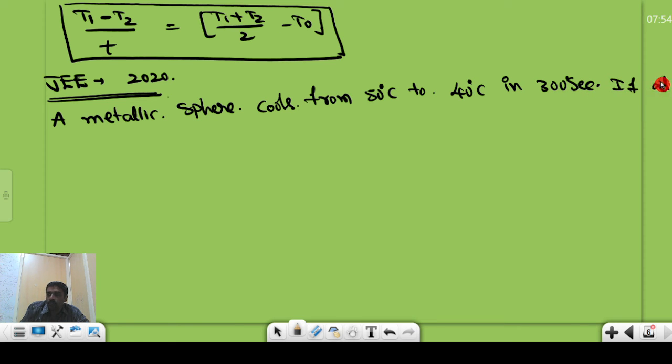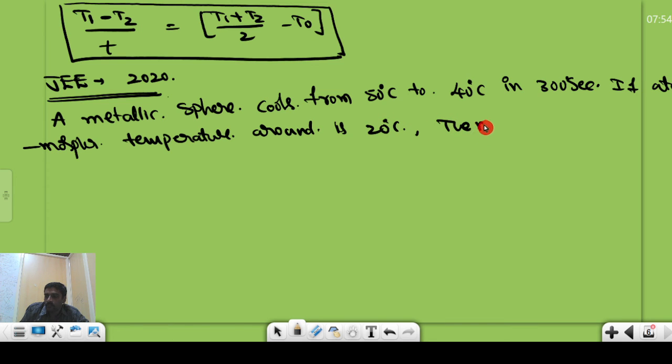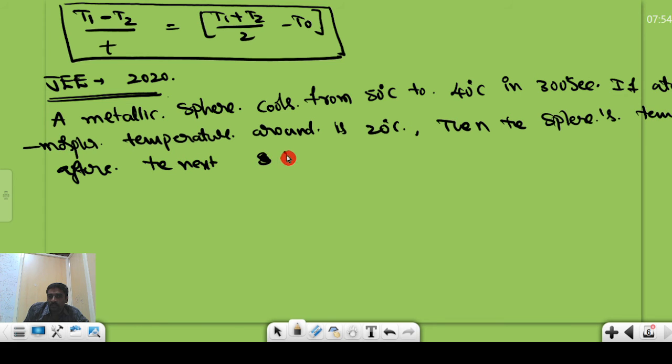If the atmosphere temperature around is 20 degrees centigrade, then the sphere's temperature after the next 5 minutes is a question mark.